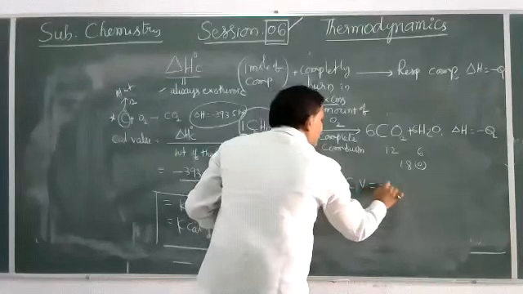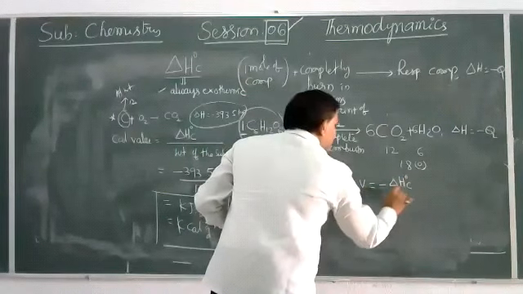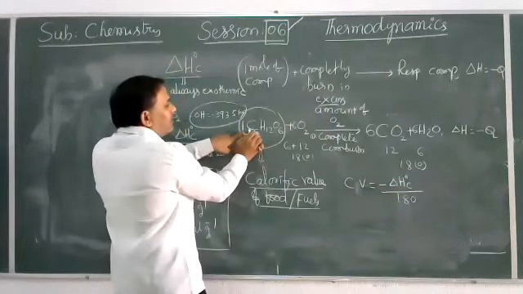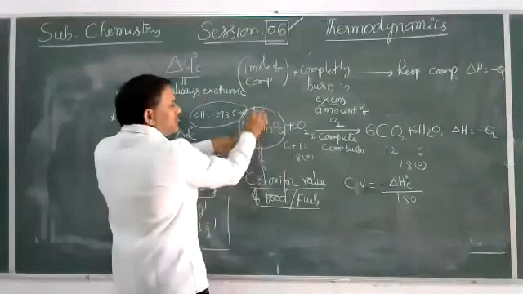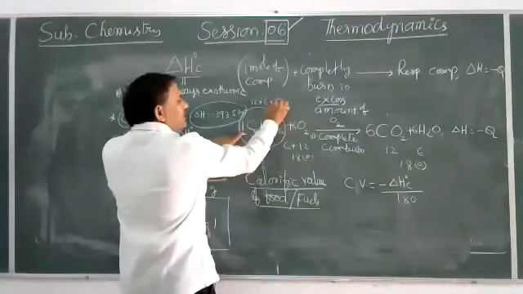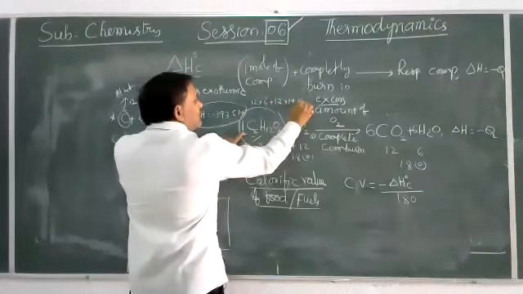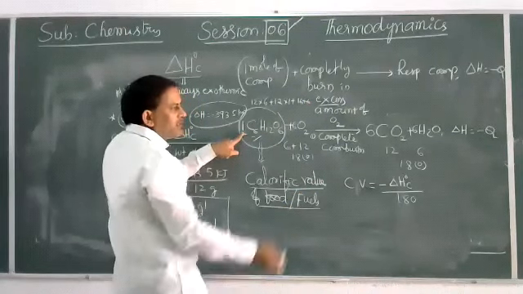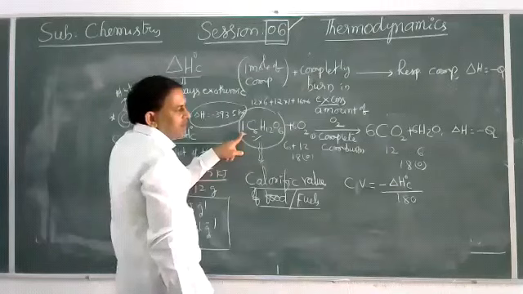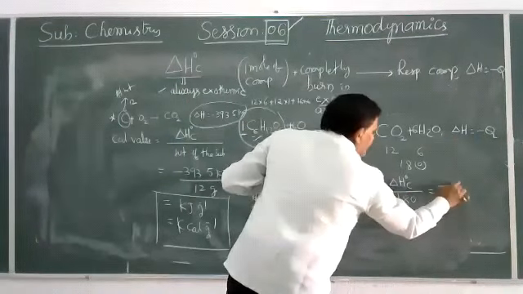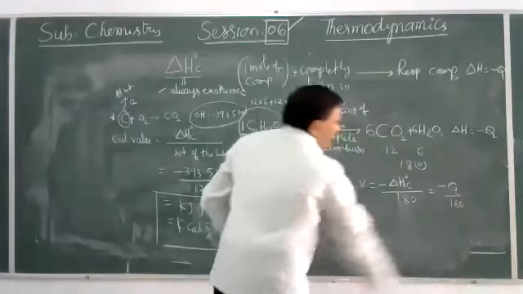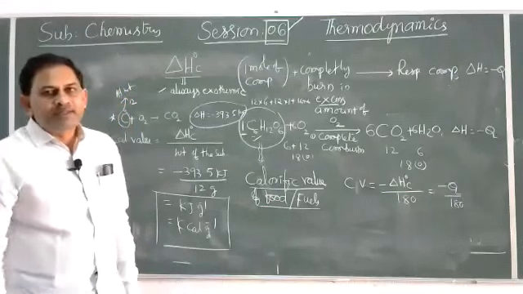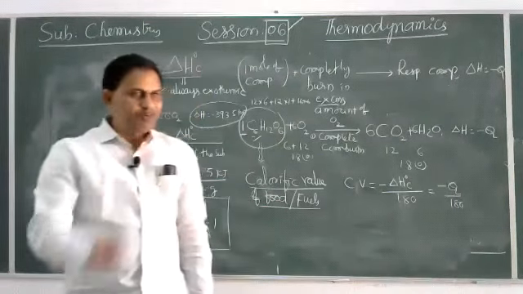Calorific value is equal to delta H naught C divided by, in this case 180 grams, because here C6H12O6, 12 into 6 plus 12 into 1 plus 16 into 6 will get 180, the molecular mass or weight of the substance given. Now this value is equal to minus Q divided by 180. That is the calorific value of any food or fuels. This is the story about the thermochemistry part.